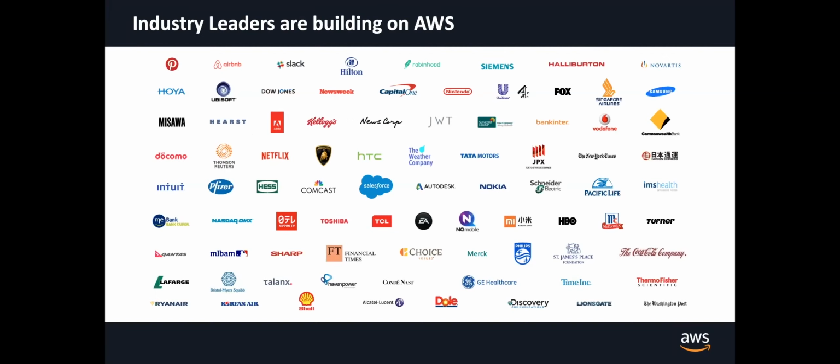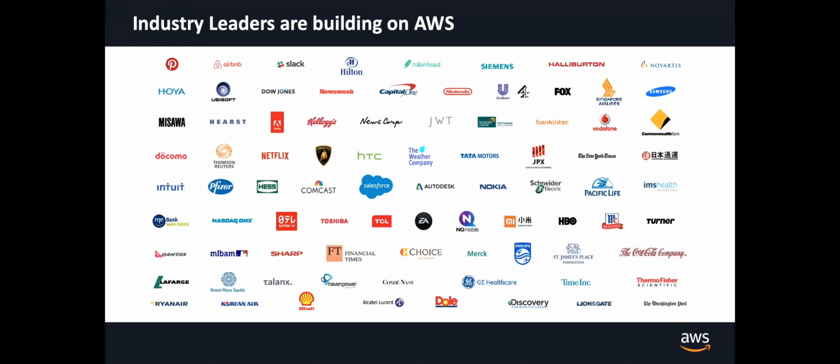So over the years, the biggest tech companies such as Airbnb, Uber, Slack have built their business from scratch, and most of them on AWS, Amazon Cloud, because Amazon was the early pioneer in the space.